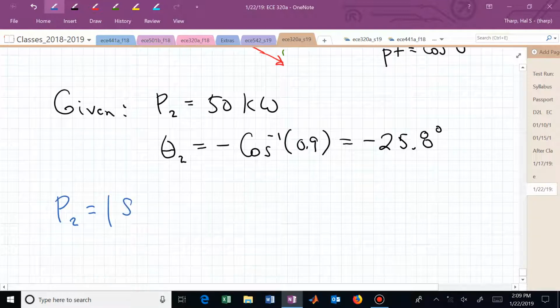P2 we knew, but we can use that to find the apparent power, since P2 is the magnitude of the complex power for load 2 times the cosine of theta 2.